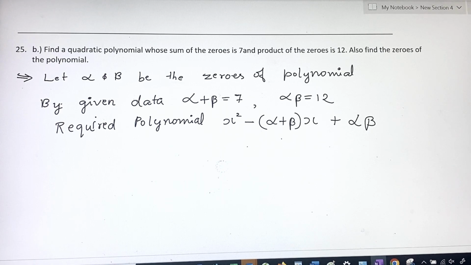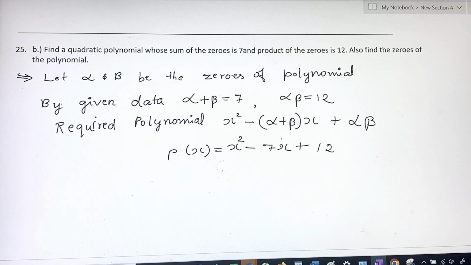Okay, this is the required polynomial. Now we know that alpha plus beta is how much? 7. That is 7x, and alpha beta is nothing but 12. So this is the equation, that is p of x is equal to x square minus 7x plus 12.